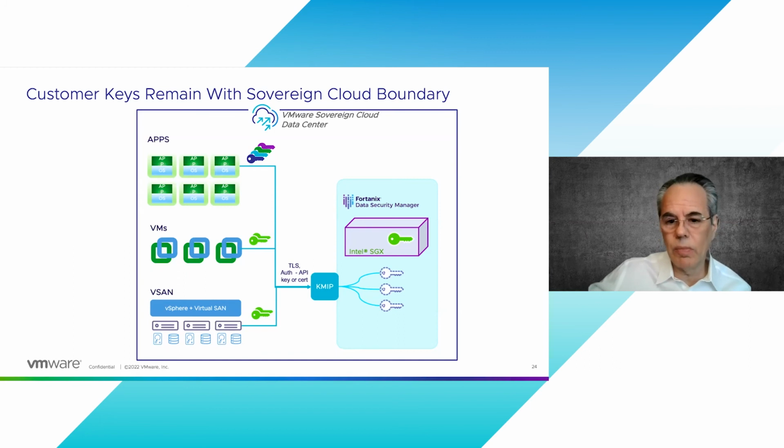So even if you were to do a memory scrape on that box while the keys are actually decrypting data, you can be assured that it is never readable, even if your infrastructure were, for example, compromised.